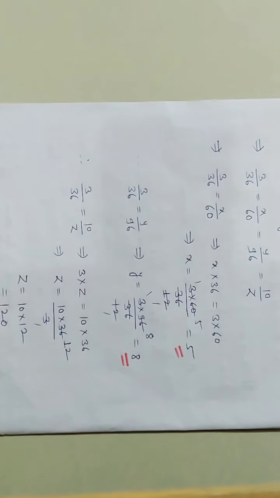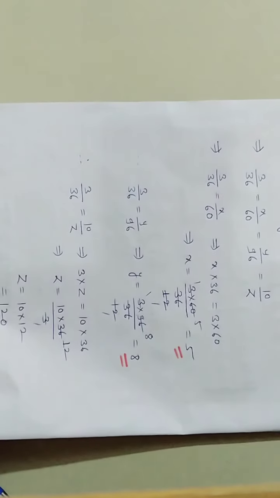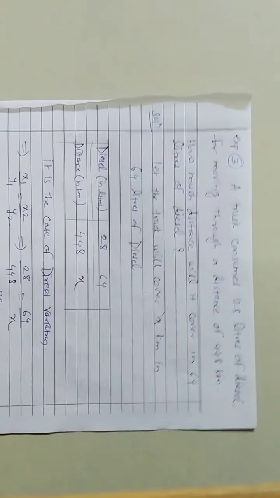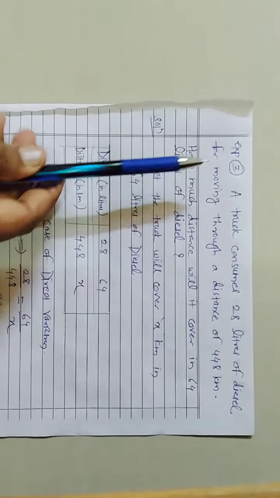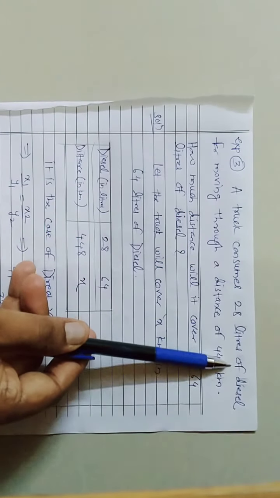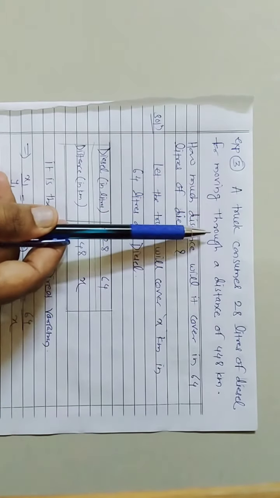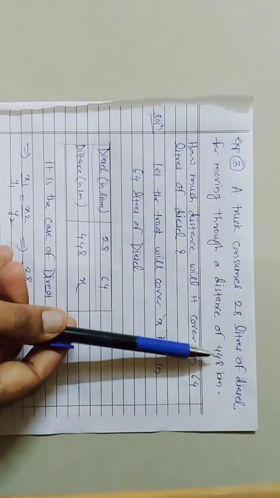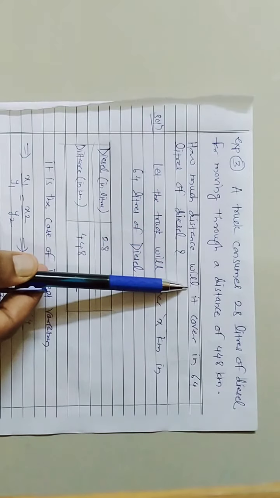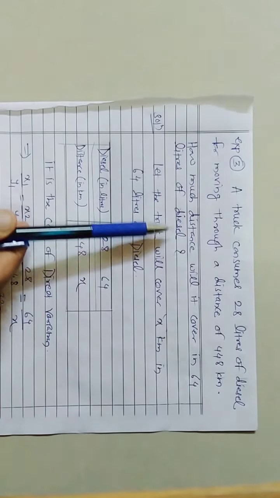Now we'll see one more example from this exercise. It's very easy. A truck consumes 28 liters of diesel for moving through a distance of 448 kilometers. How much distance will it cover in 64 liters of diesel?